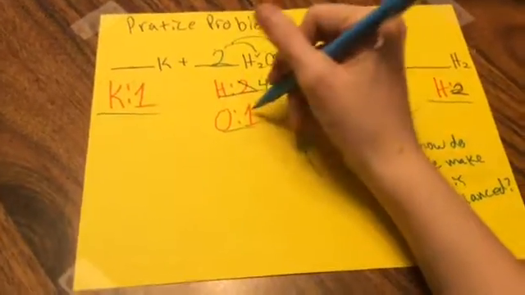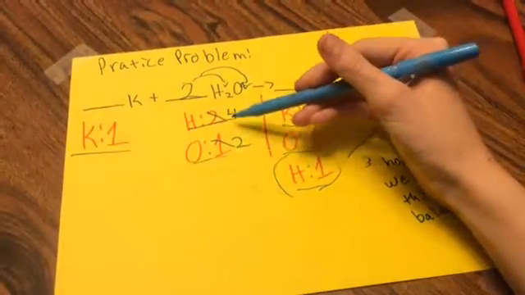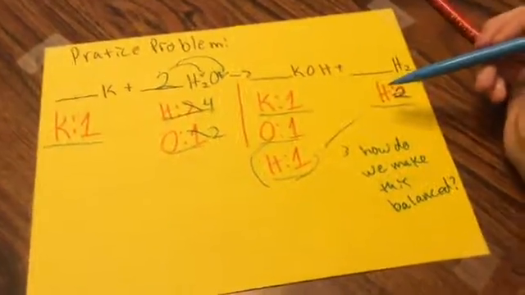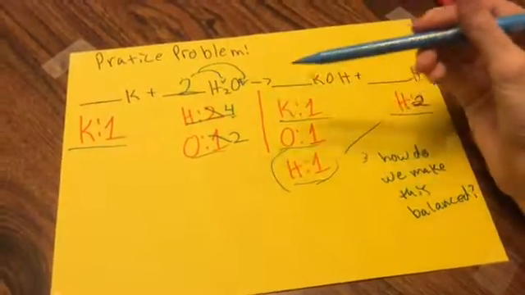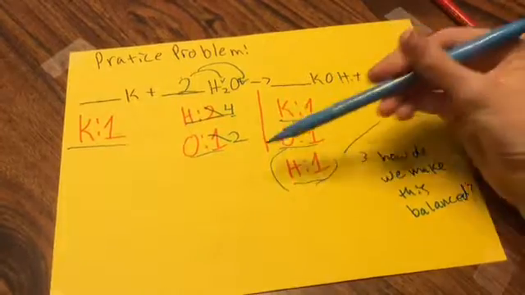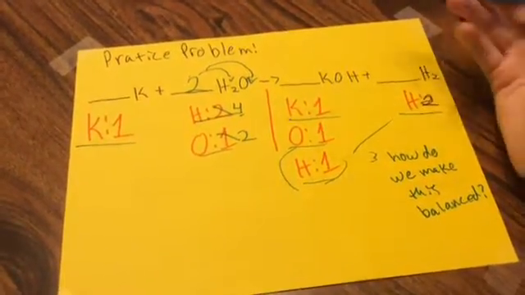That one's still not balanced. Also, if you have odd numbers mostly on one side, then you'll usually solve for the odd numbers first.